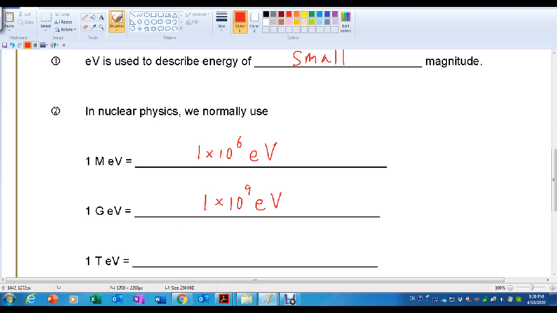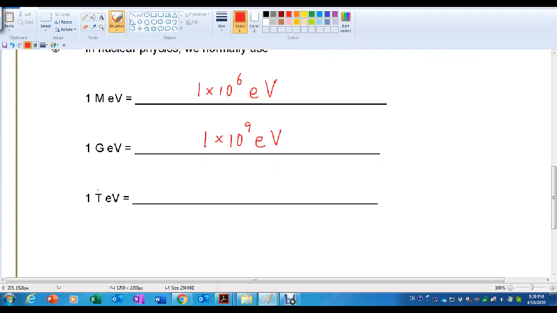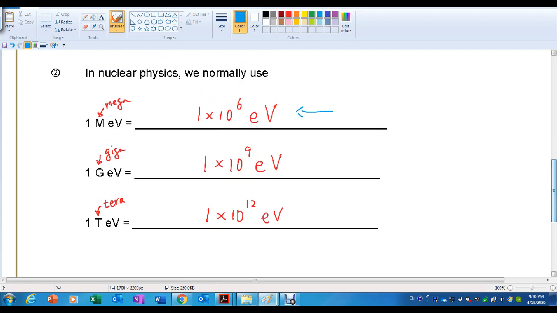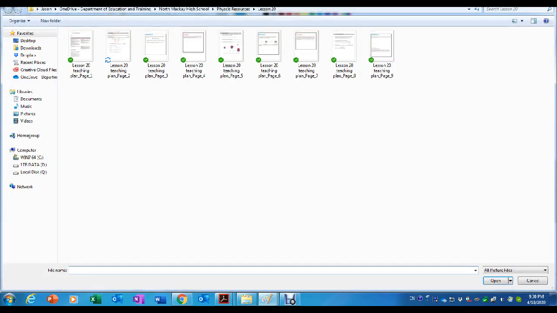Sometimes tera, so that's the short form: tera, giga, mega. 1 tera eV means 1 times 10 to the power 12 eV. But the most common one will be this one, 1 mega eV. That's what we normally use. Okay, turn to next page.